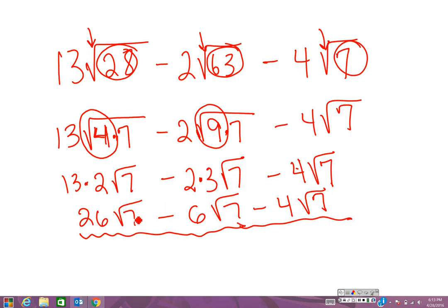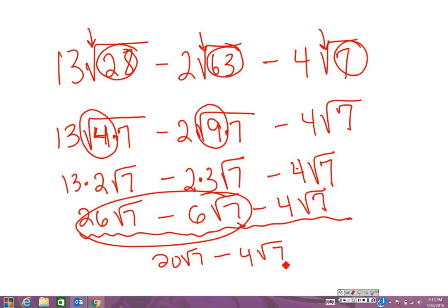Since they all have the same identical radicals, we can simplify this. So 26 minus 6, that's 20 radical 7, minus 4 radical 7, so 20 minus 4, 16 radical 7. So the final answer is 16 radical 7.